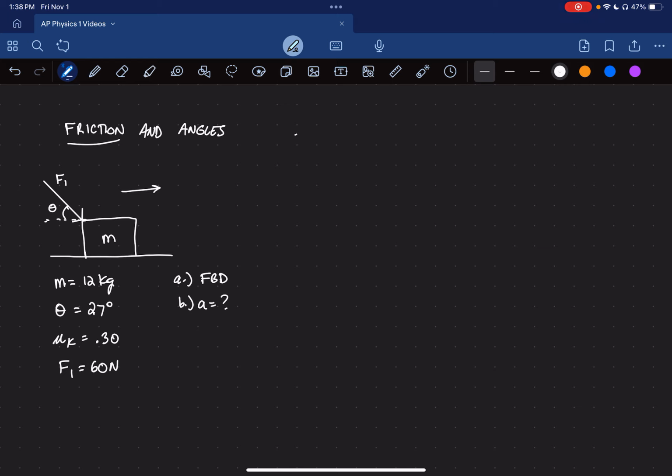Okay, so first we will draw a free body diagram for the block. You can just draw this. There is gravitational force mg. There is a normal force Fn.